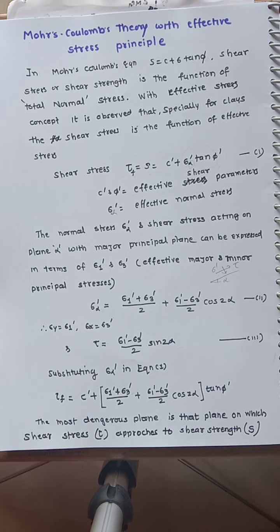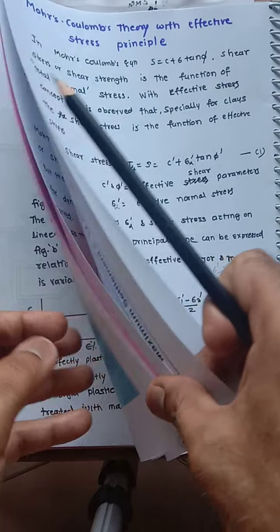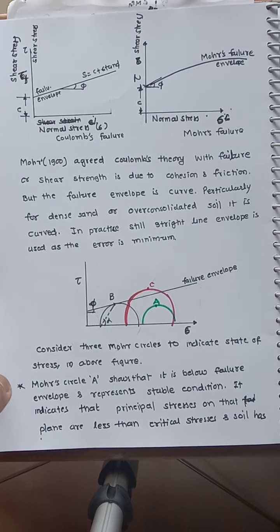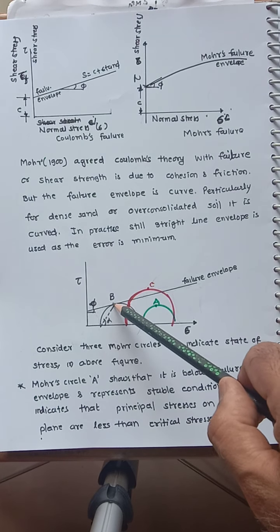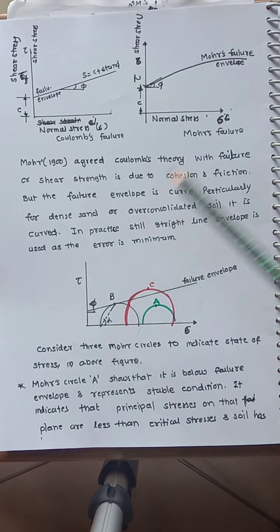It means applied stress or applied shear stress, and shear strength, when they are close, it means on this line of failure plane. Earlier we have seen in the circle, when both tau f and tau were close, then it's a limiting condition.